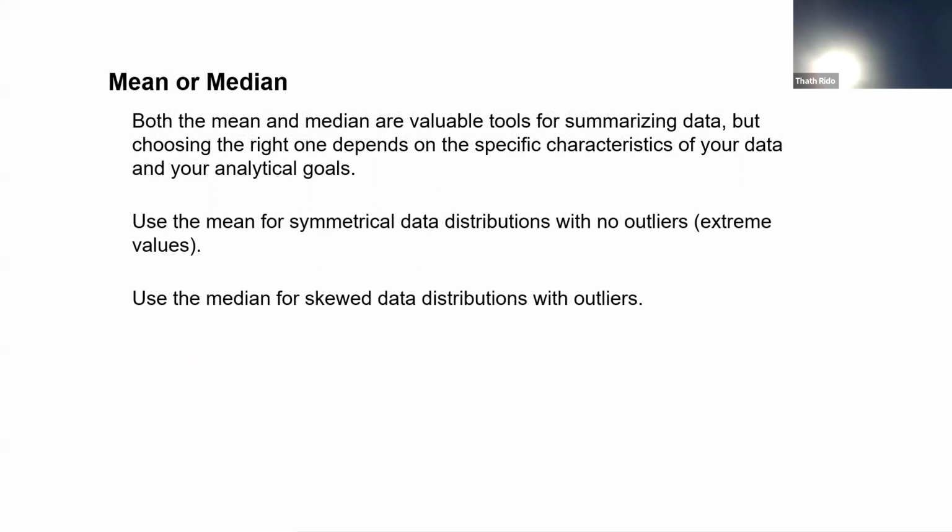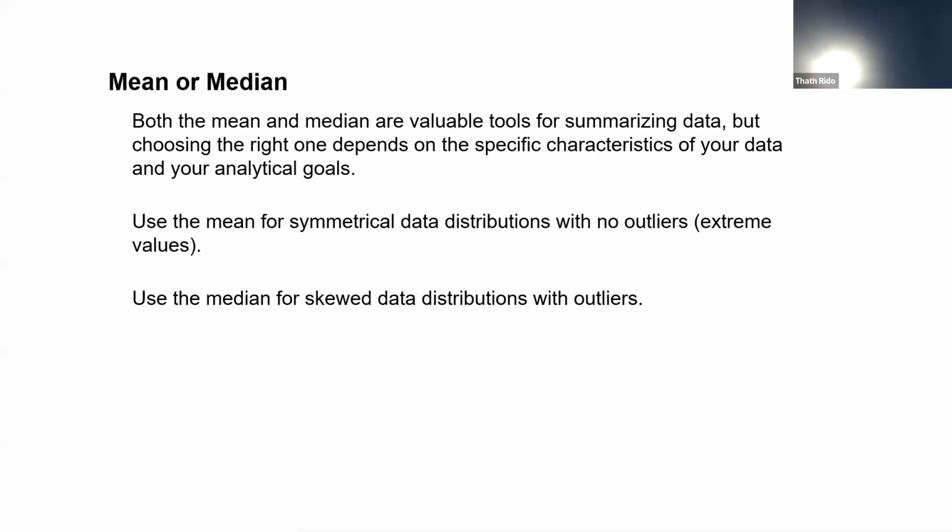It depends on the distribution of the data. You can see in this slide that both the mean and the median are valuable tools for summarizing data, but choosing the right one depends on specific characteristics of your data and your analytical goals.